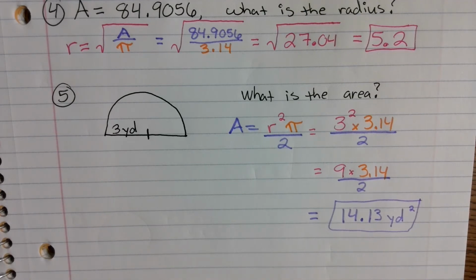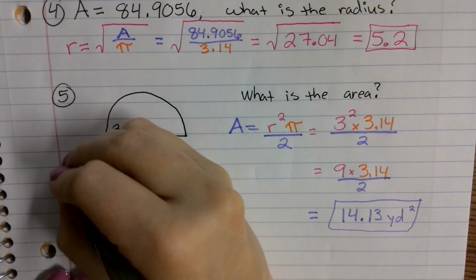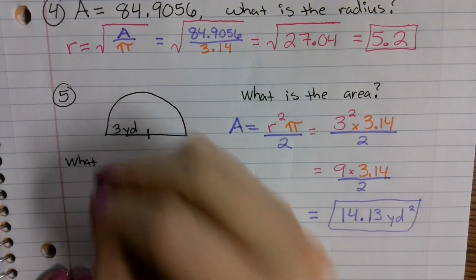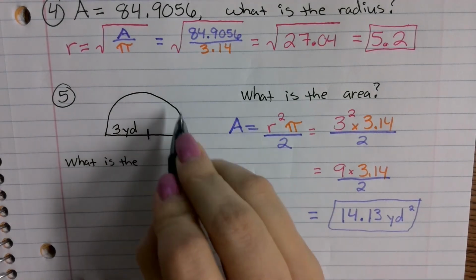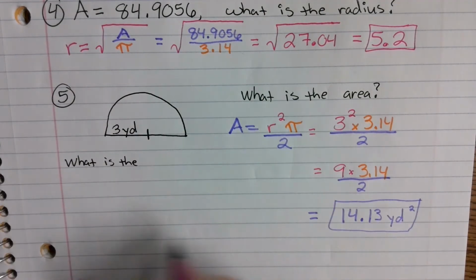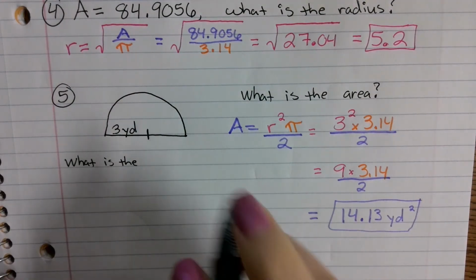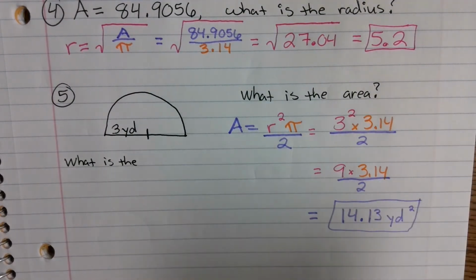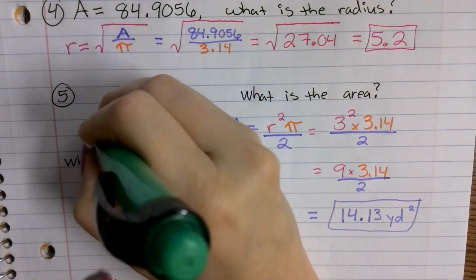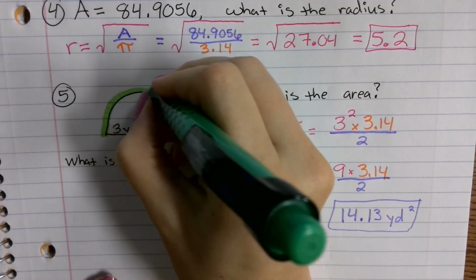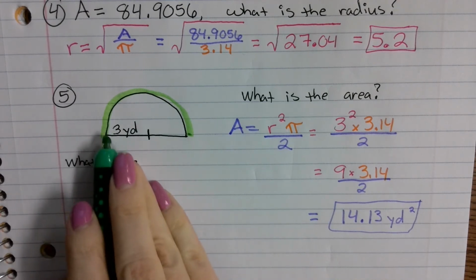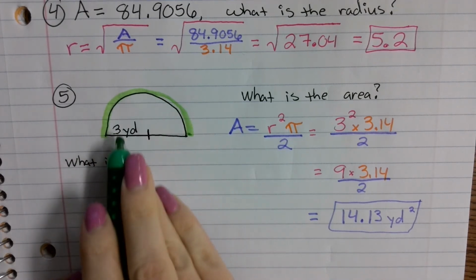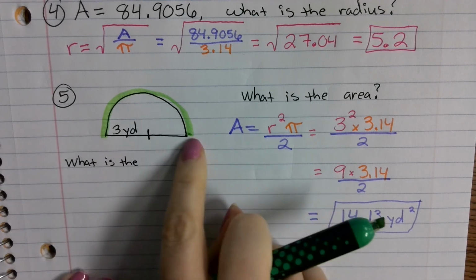Now here's the real tricky part, the thing that some people don't seem to understand. If I said, what is the circumference? It's not the same idea. The circumference is all around, right? It's just taking the distance around it. So if I take my circumference formula and divide it by 2, then I'm only finding this measurement right here, but not accounting for this part.